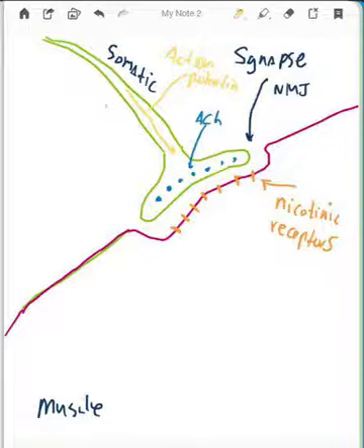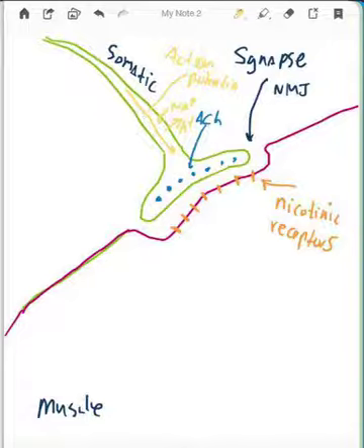So I have sodium rushing into the cell as the membrane depolarizes, and potassium leaving the cell, and the membrane potential changes. That action of sodium going in and potassium going out moves all the way down until it gets to the terminal end of the axon.